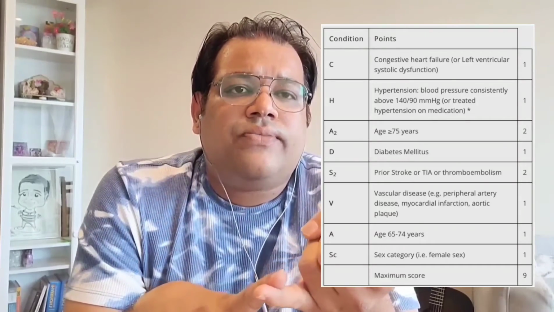In which patients do you want to start anticoagulation? So for that you need to know CHA2DS2-VASc score. So as the name suggests, it's chronic heart failure, hypertension, age more than 75, diabetes, stroke, vascular disease, age 65 to 75, and there is 1 point for each, except for stroke and age more than 75, which have 2 points.